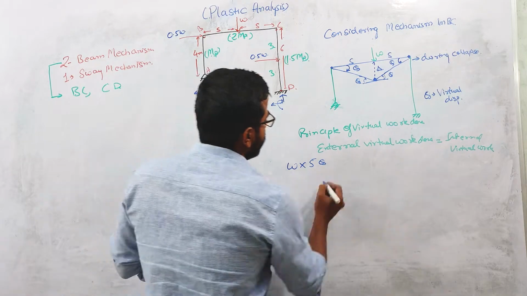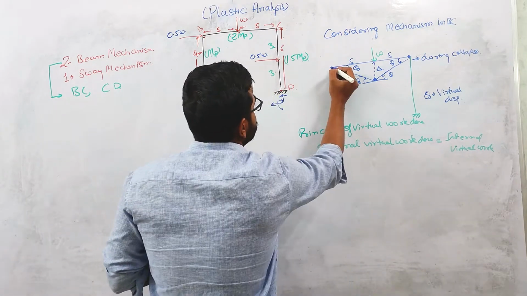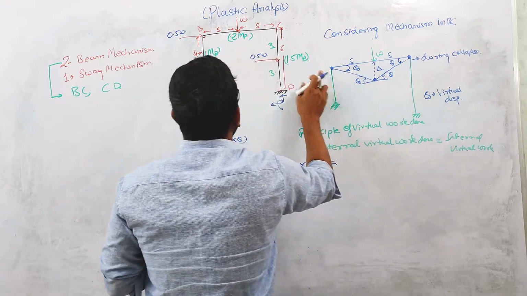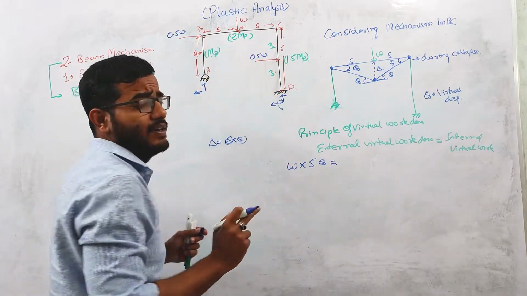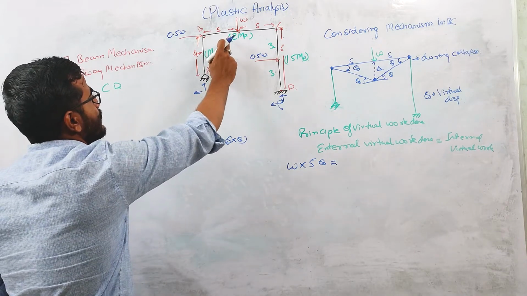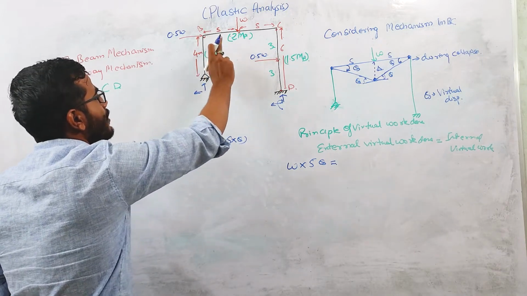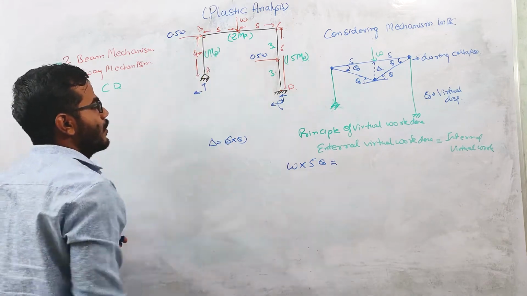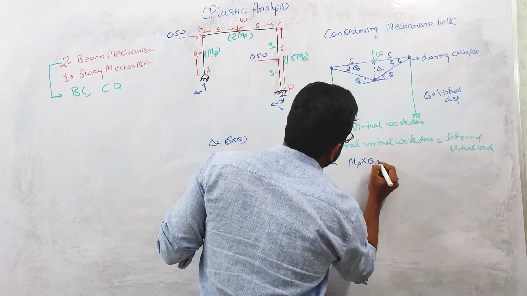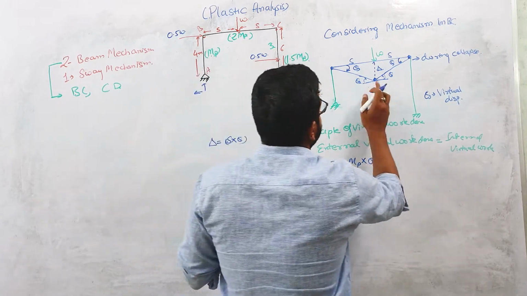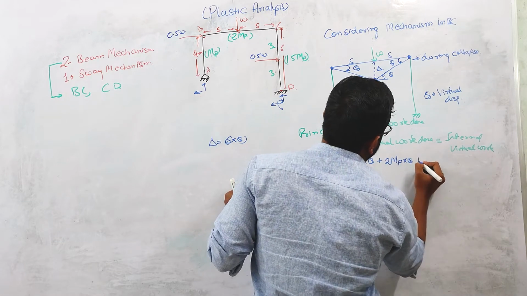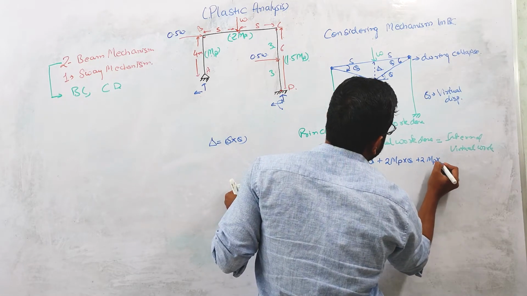Internal work done will take place at this hinge and at this hinge. This hinge will form in the column because the Mp value of this column is less than the Mp value of this beam. So I need to write Mp into theta, plus here also 2Mp into theta, plus 2Mp into theta.